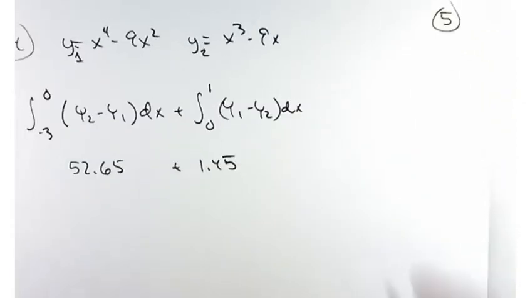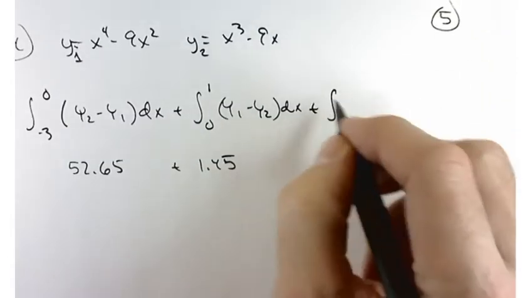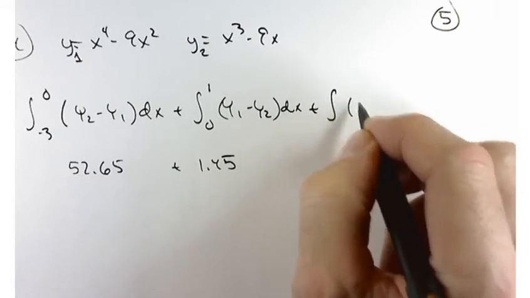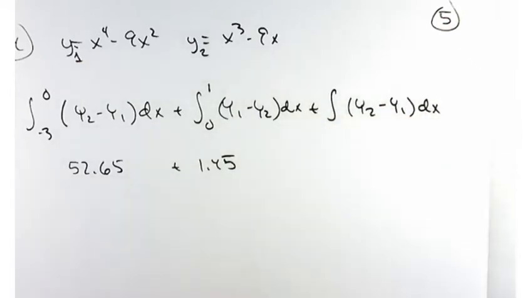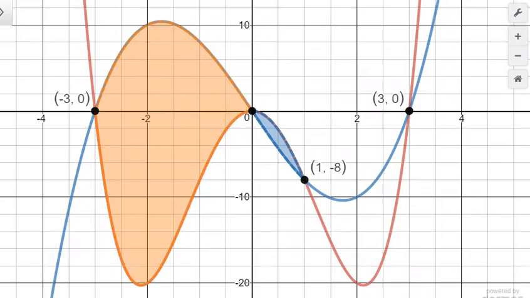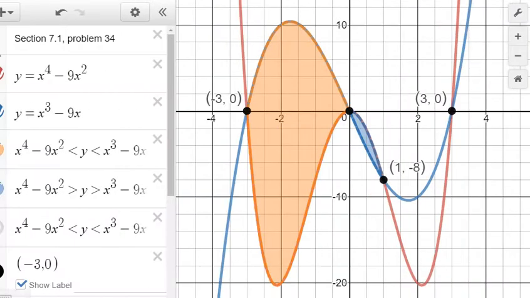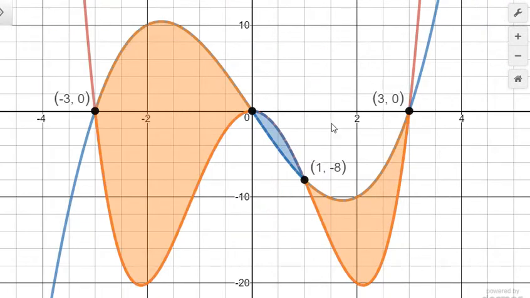And the last piece here, plus the integral from something to something, it's going to be y2 minus y1 dx. Let's look back at our graph. What's the last set of limits going to be? So on the x-axis from 1 to 3.